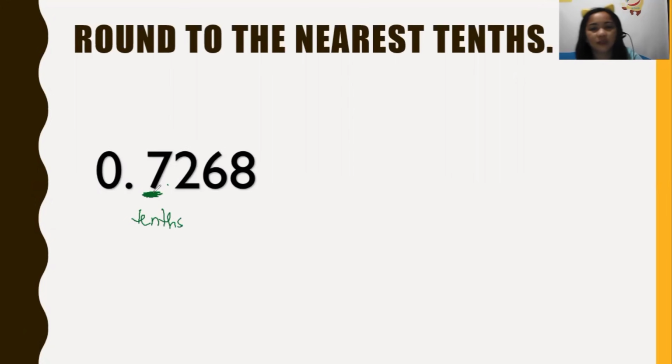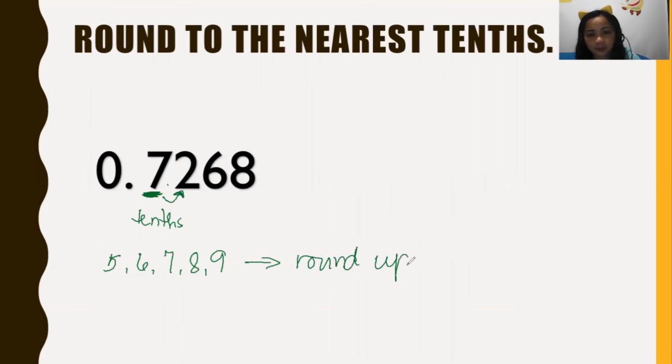Ayan. Kapag ganitong rounding off, lagyan nyo ng tanda yung digit na i-round nyo. And then, look for the number to the right. If the number to the right is 5, 6, 7, 8, and 9, that is round up. Add 1 to the digit to be rounded, and then drop all the digits or change all the remaining digits into 0.